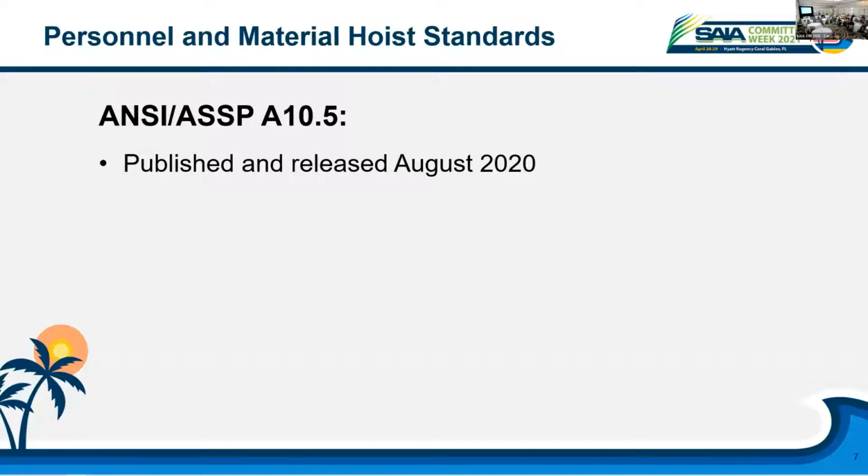The big rewrite was to include products that didn't really have a home, like some of the scaffold material hoists that are out there. Like I said, it was a complete rewrite of the standard, and it's now released, and I don't know if anybody's actually read it yet or if they're actually using it.